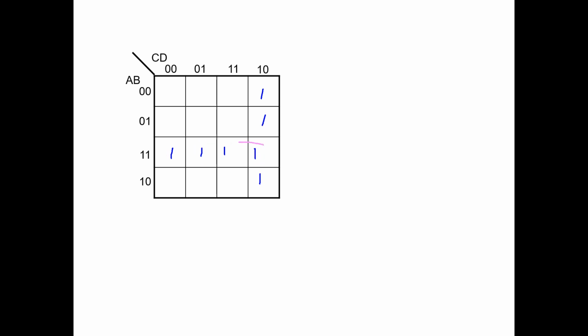Pattern. For example, this one. The product term of this group is A and B, right? Because A is 1, B is 1 for every cell, and CD unspecified.